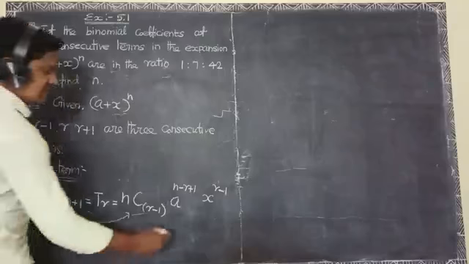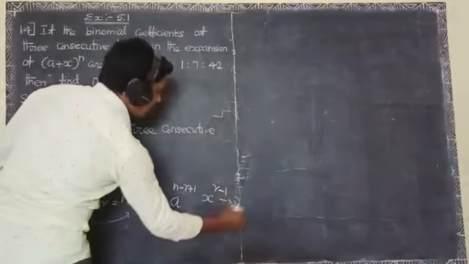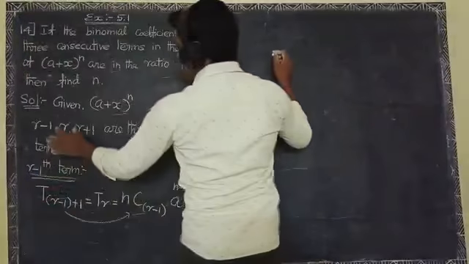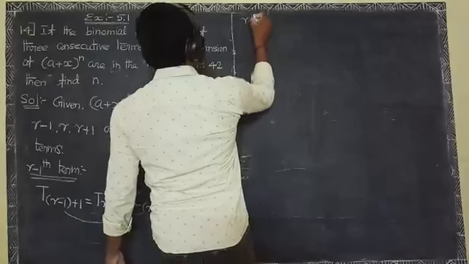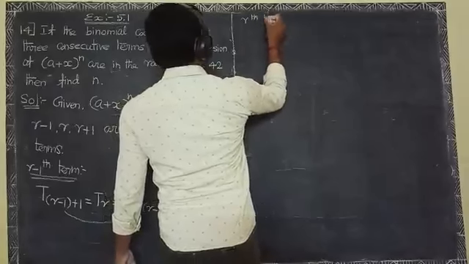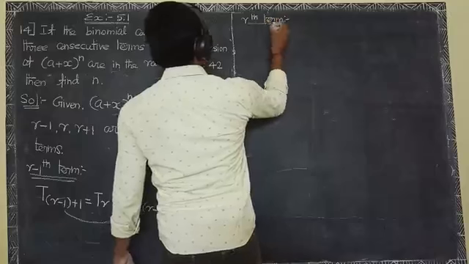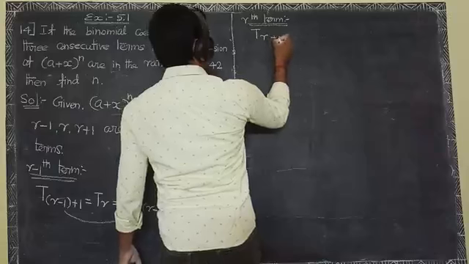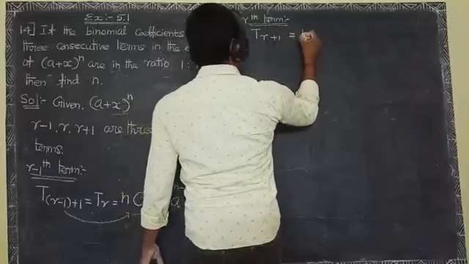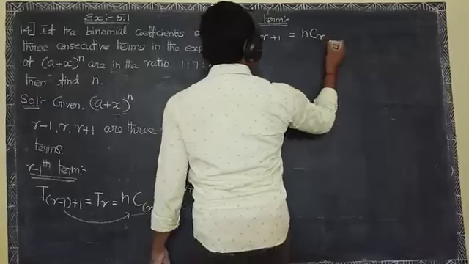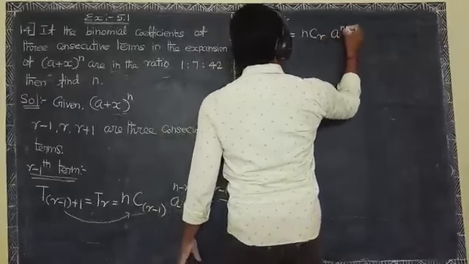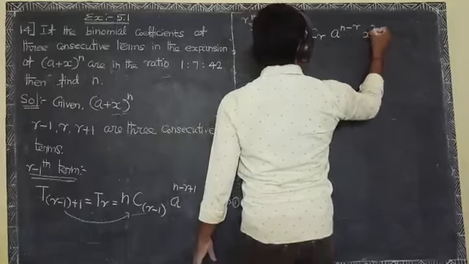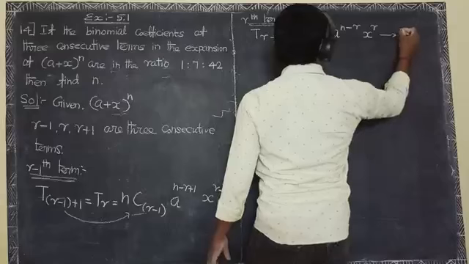This is equation number 1. Then the next one is the rth term, that is T(r plus 1), which is nCr a power n minus r x power r. This is equation number 2.